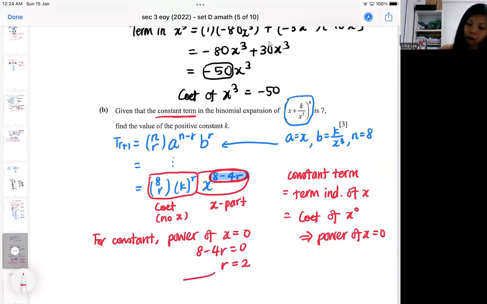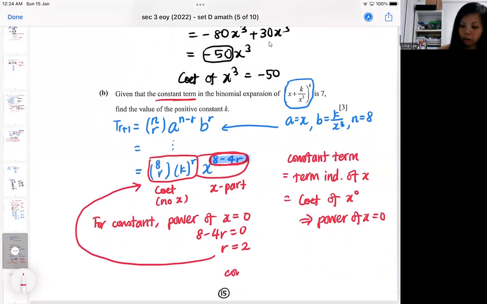If you put the R value here, you will get the constant term. And in this case, the constant term is equal to 7. So from here, you solve for your Q.